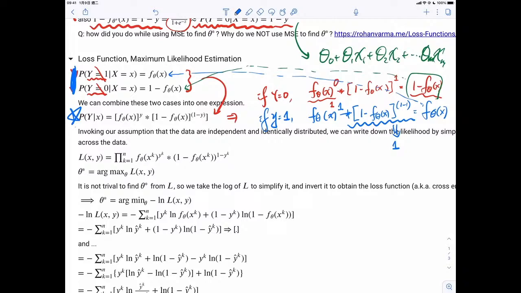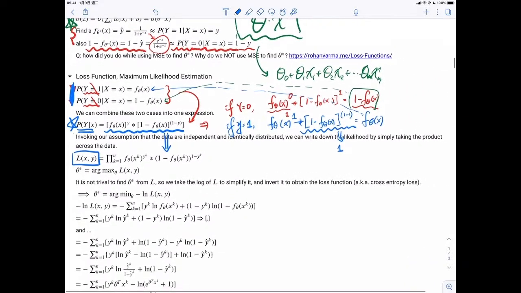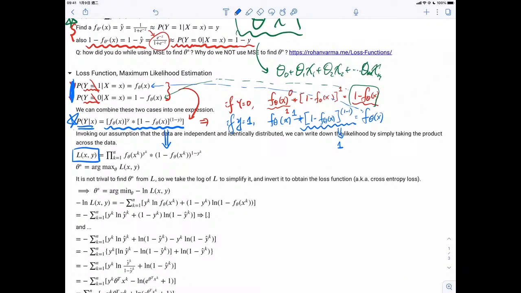So basically we would like to calculate the likelihood. What exactly is the likelihood? That means you use this formula right here, and you simply take the product across all the data.